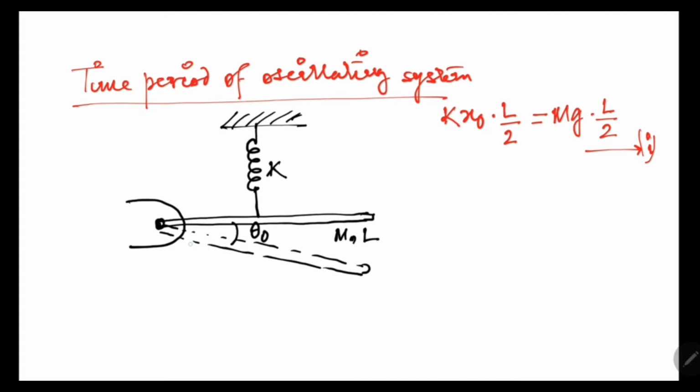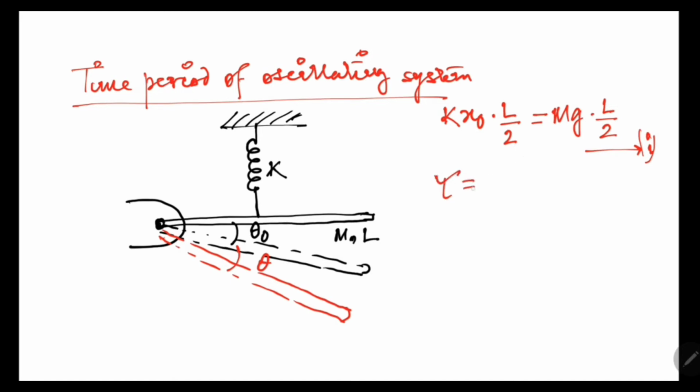Now consider the position of the rod displaced by an angle theta from this position. Here the rod is again displaced by a small amount theta. As shown in the figure, in this displaced position at any time t, the equation of motion for the rod is written like this.